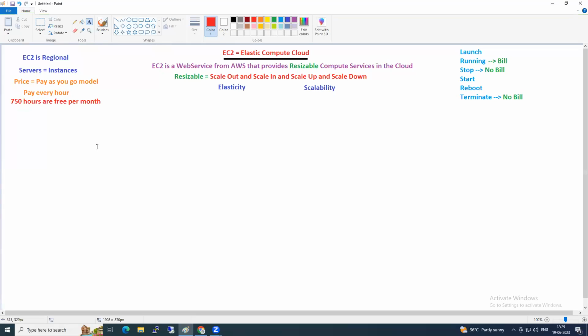And also a very important thing here. Let's say you went and launched three EC2 instances and you have used them for 3 hours. How many hours in total do you need to pay?